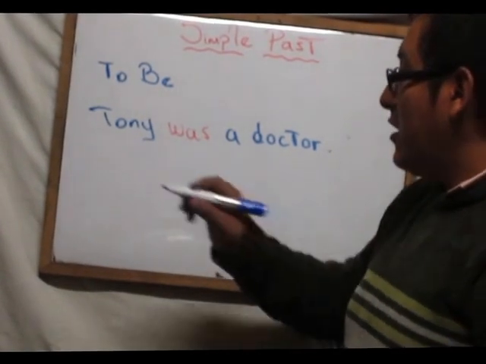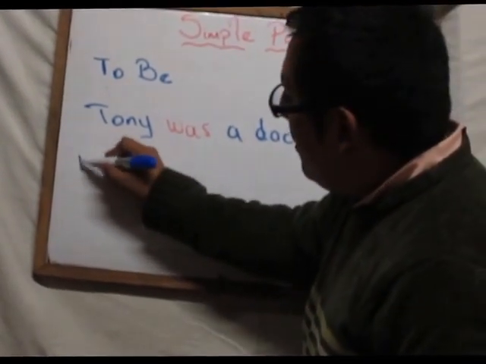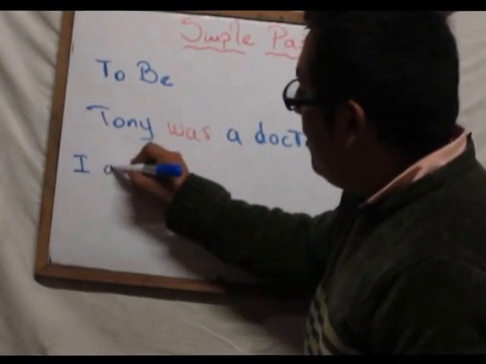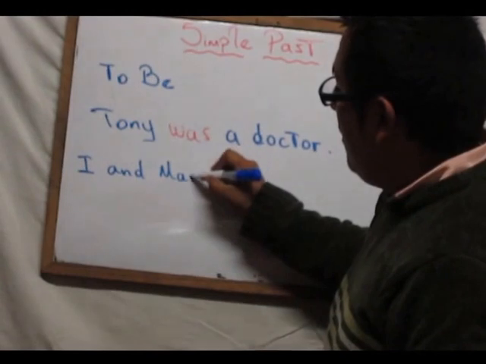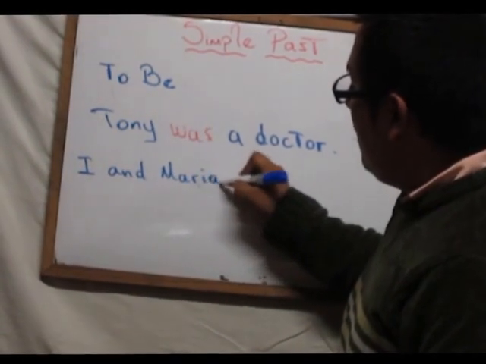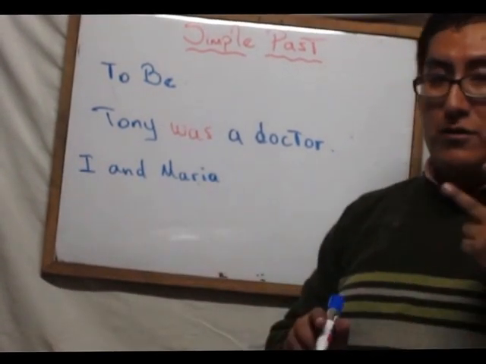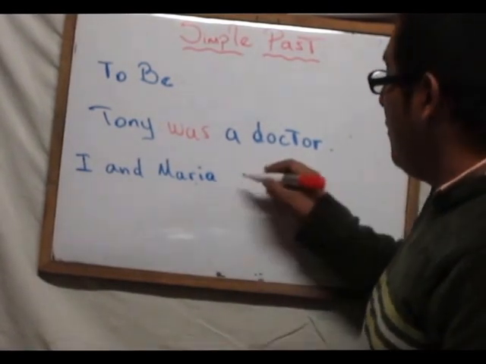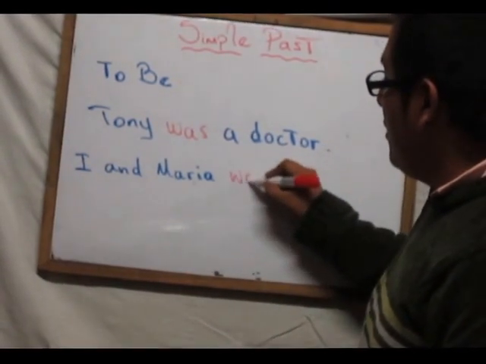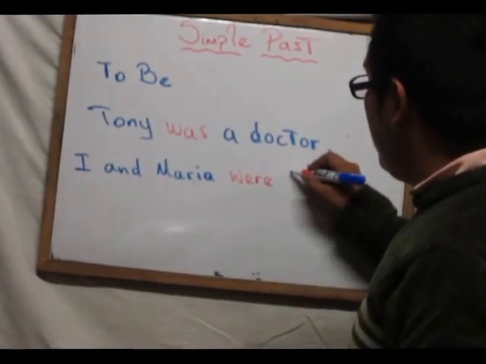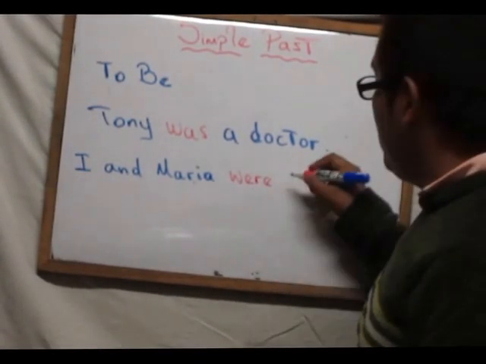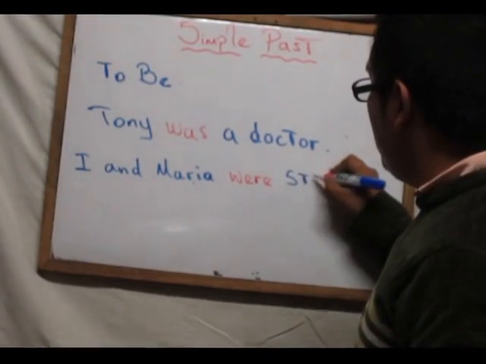Another example. I and Maria. In this case, it is two persons. When there are two persons, use were.